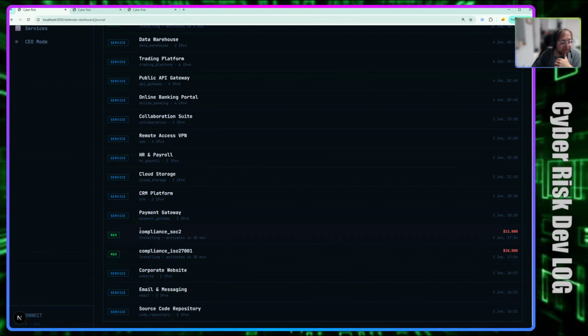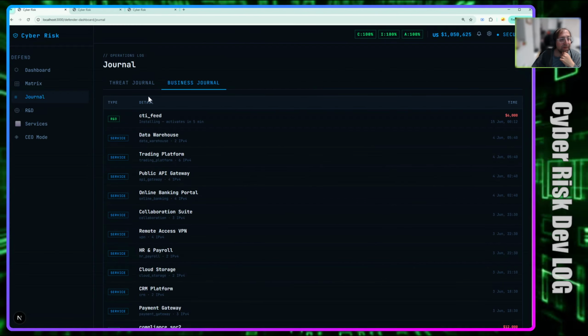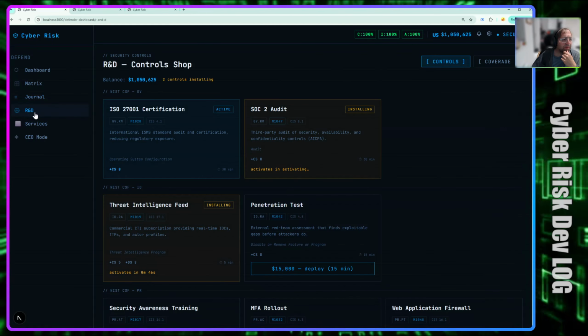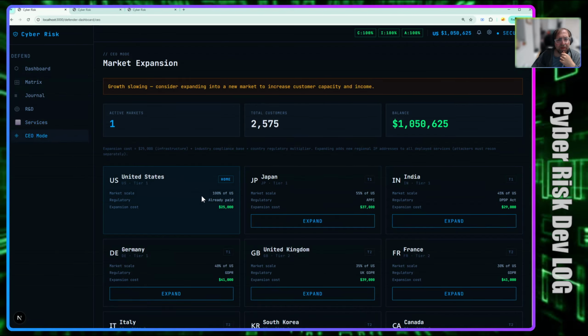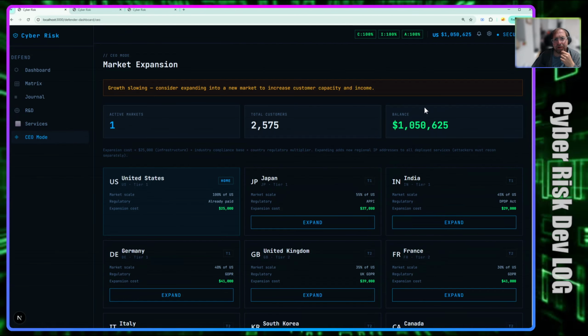So you can see the SOC 2 and ISO 27001 and the CTI feed that I'm installing. What else? So we saw R&D, services, and CEO mode. So I think that's enough for now.